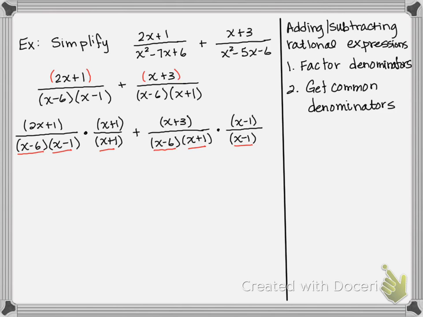When you get common denominators, the only way to do it is to multiply by factors of 1. I can't just say, oh, I'm going to make this into 1/6 and this into 1/6, because those aren't equivalent. So the only way to get common denominators is to multiply by factors of 1, so fractions that are the same on the top and the bottom.